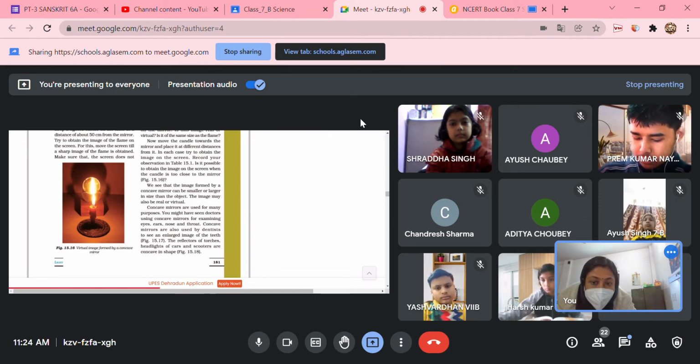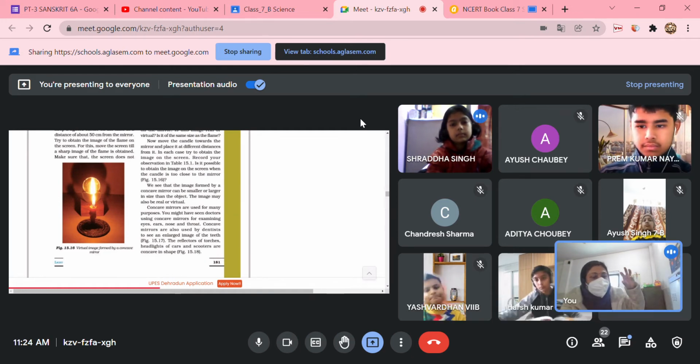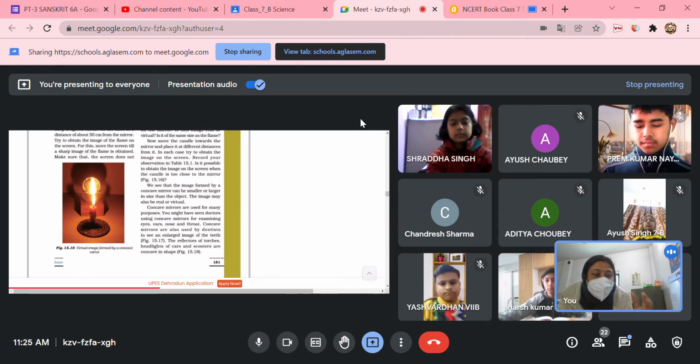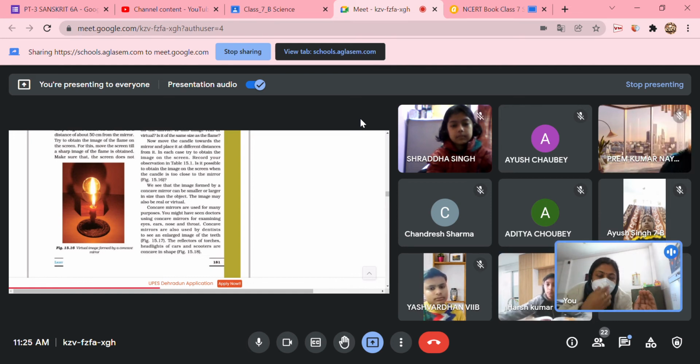Or where else it is used? The torch, you have seen when you switch on the torch. The torch light, is it scattering in every direction? No, it is not scattering, it is converging at a point. So the reflector present at the back of the torch, you must have opened it, behind where the bulb is fitted, there is a shiny curved surface that is acting as a reflecting surface.